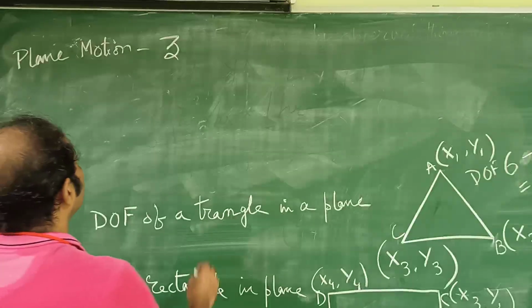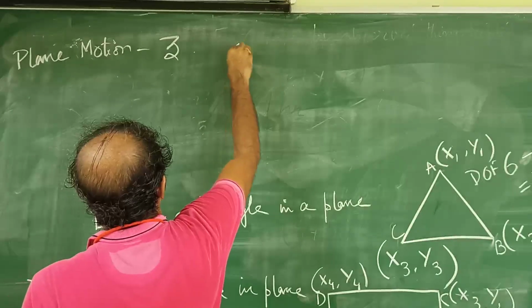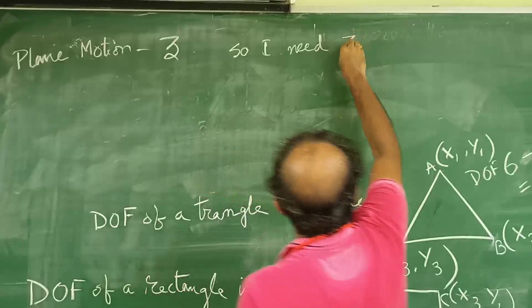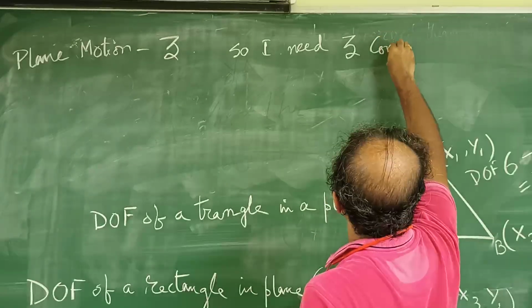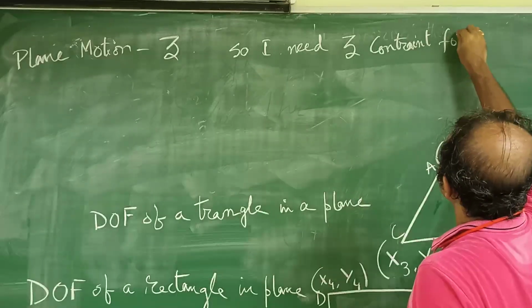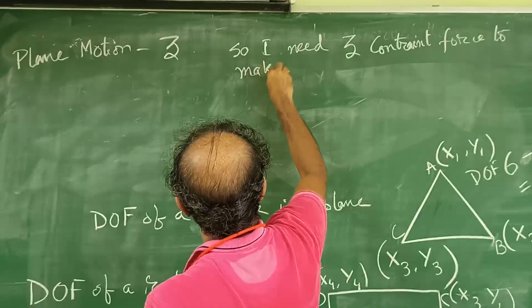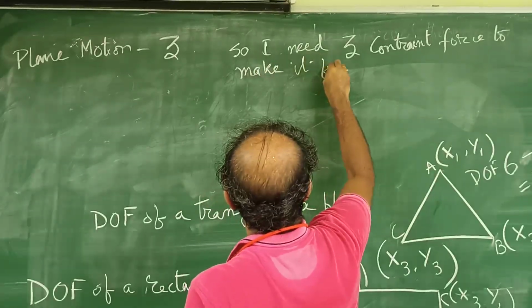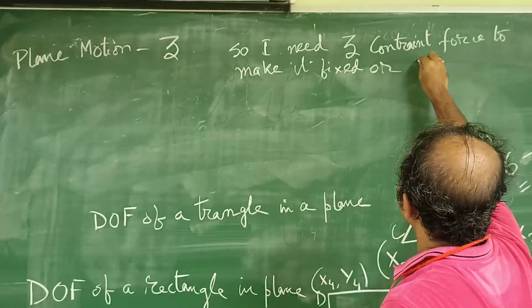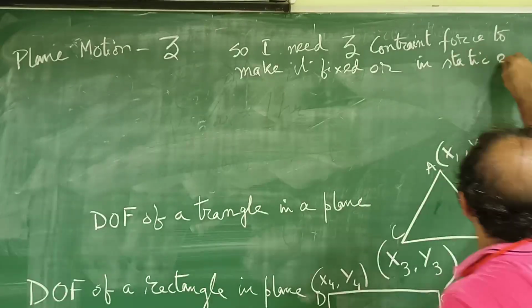For a simple example, if I am going to restrain it, I need 3 constraint forces to make it fixed or in static equilibrium.